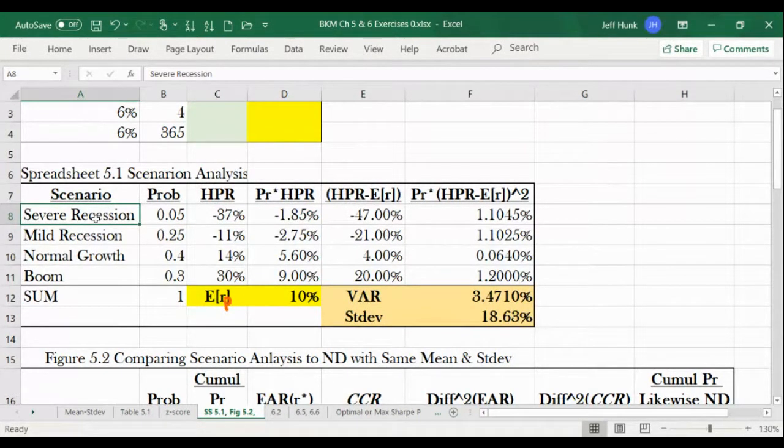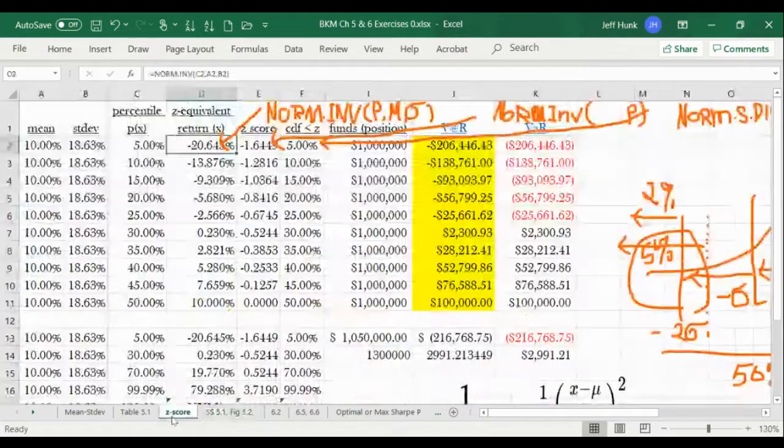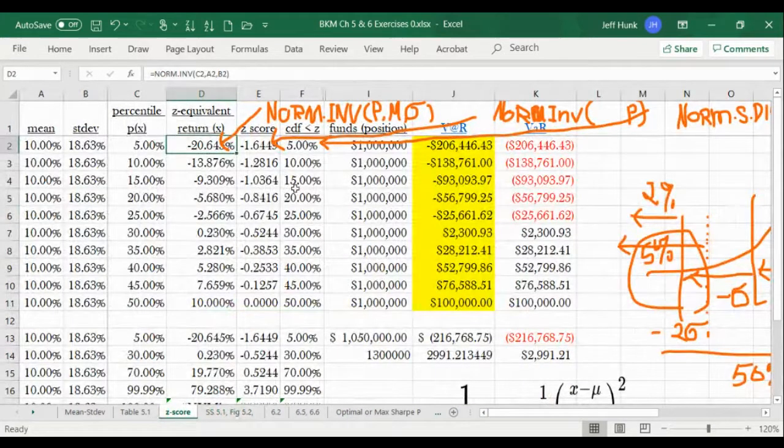Under the severe recession scenario, our scenario analysis is assuming that in the worst case scenario, a bottom 5% scenario, the return would be negative 37%. But the normal distribution would tell you that if all the returns are normally distributed, in the worst 5% case scenario, our return would be negative 20%.